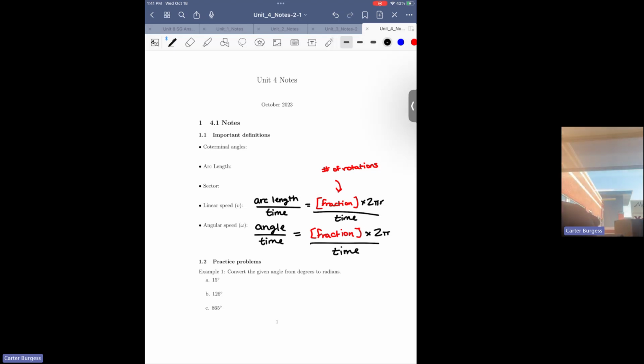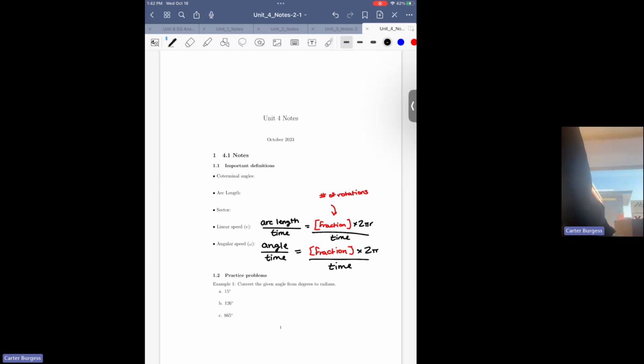Radians are really what we're going to care about. But times 2 pi, or you could do times 360, and that would give you the angular velocity in degrees as well, which is fine. We're pretty much going to default to assuming that it's radians. But you could get it in degrees if you multiply by 360 instead, which hopefully does not come as a surprise.